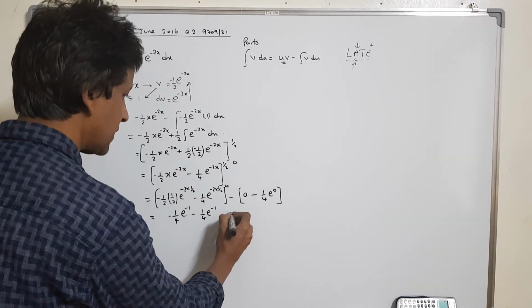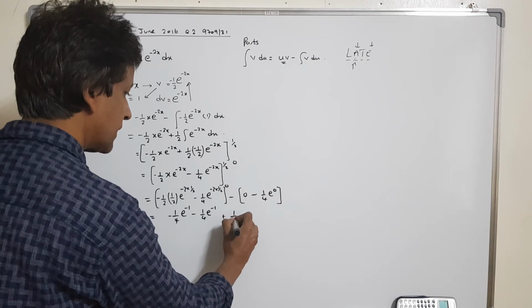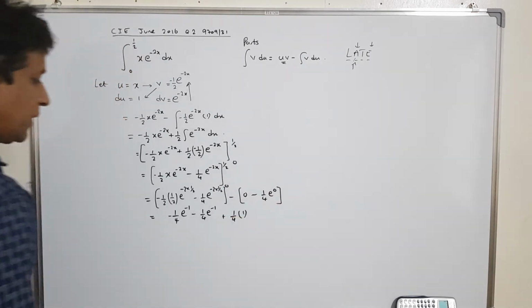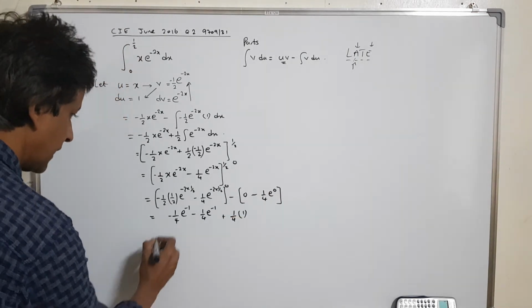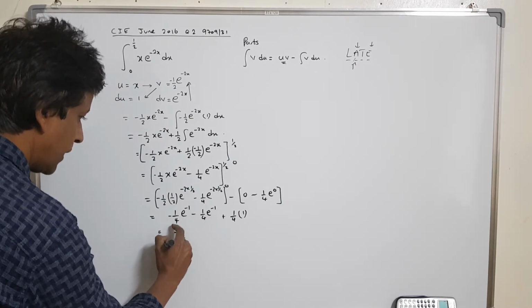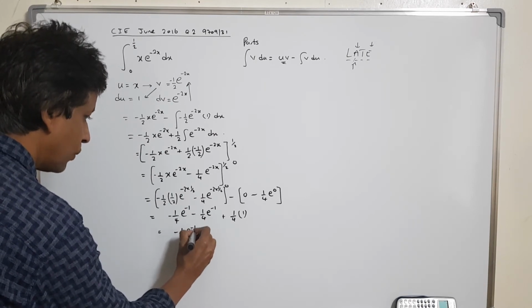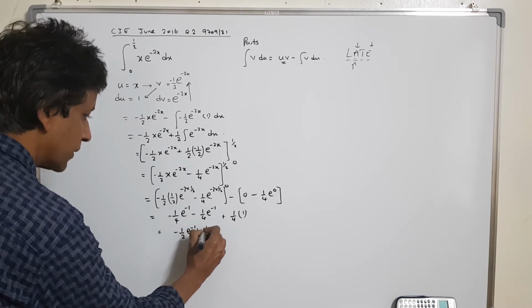So I've got minus becomes plus a quarter times 1, because e to the power 0 is 1. So basically I've got negative a half, because negative a quarter minus a quarter is negative half, e to the minus 1, plus a quarter.